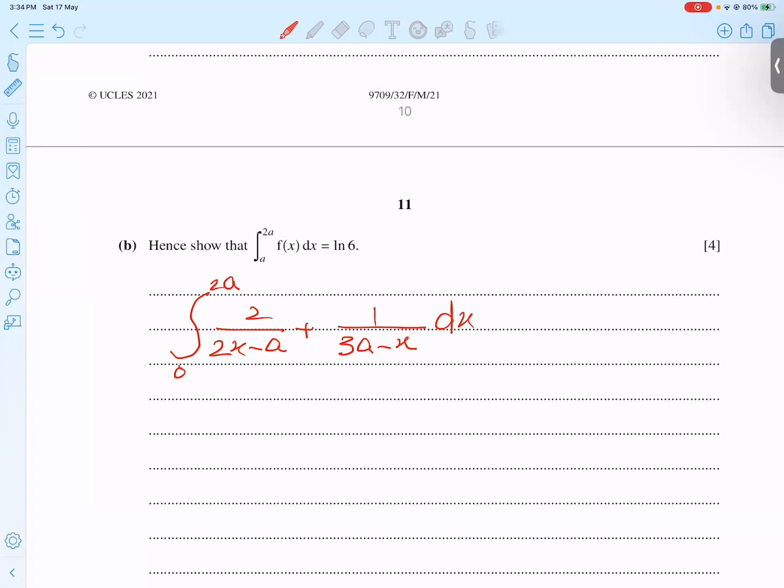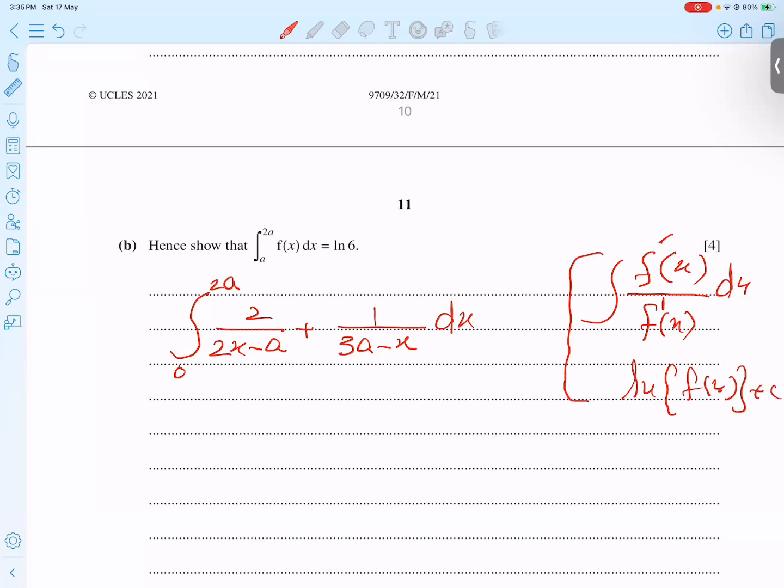So how can we do it, students? Let's start. Basically, we have a formula, and this kind of formula comes very, very frequently. Function down, its derivative available in the numerator, and power is 1 of the function. So the answer is logarithm of the function plus c. That's it. So check it.